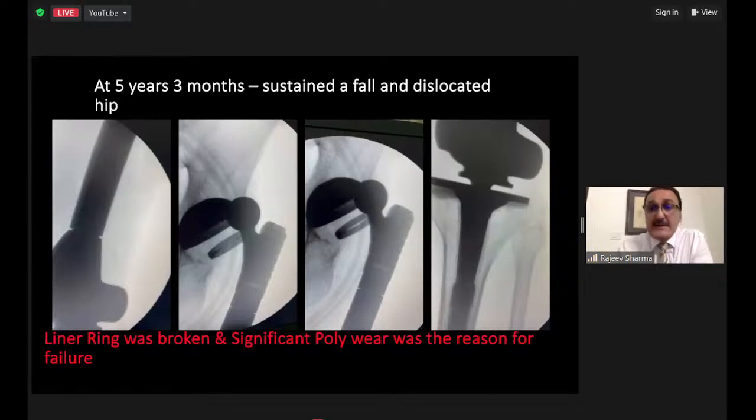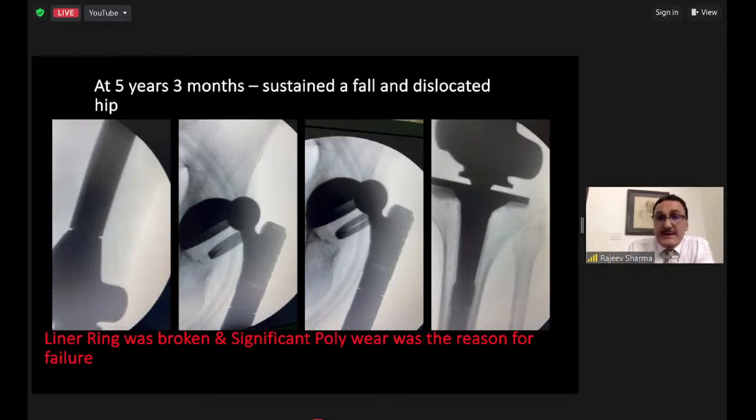Now, may I ask our friends here what could be the reason for a dislocation, and what do you see as the reason for the dislocation of a constrained liner in this case? The reason was the liner ring was broken, and these were the reasons for the failure of the constrained liner.